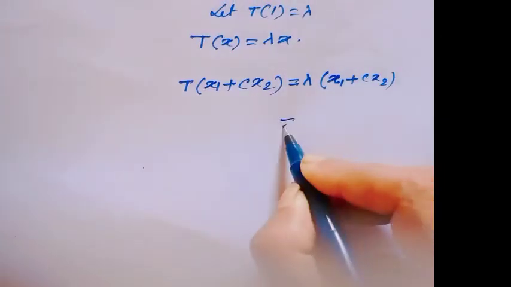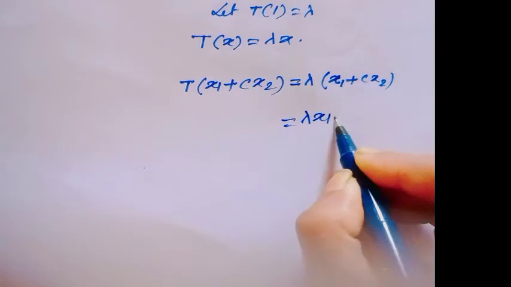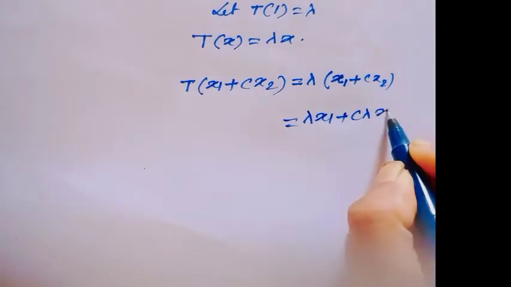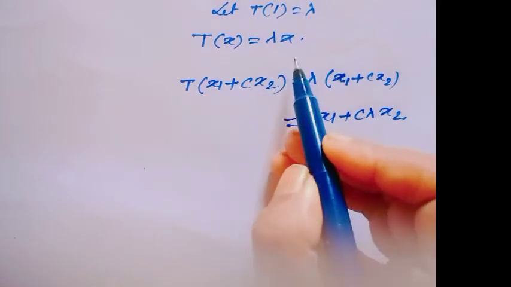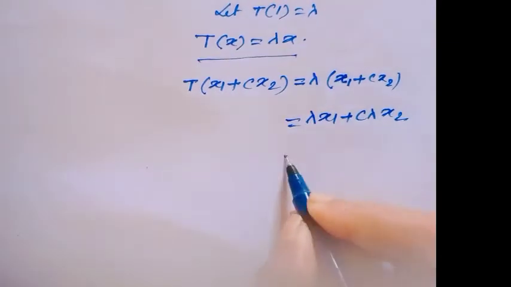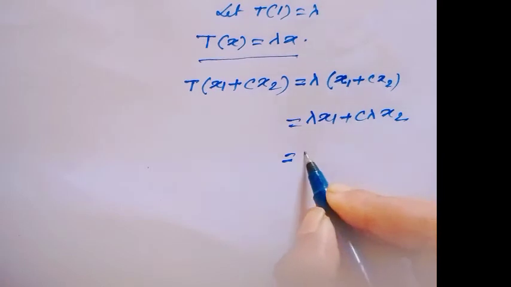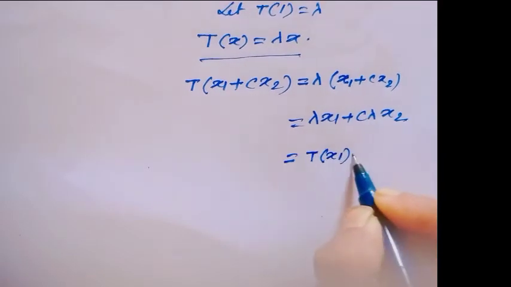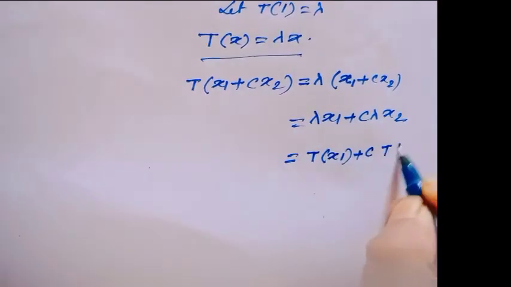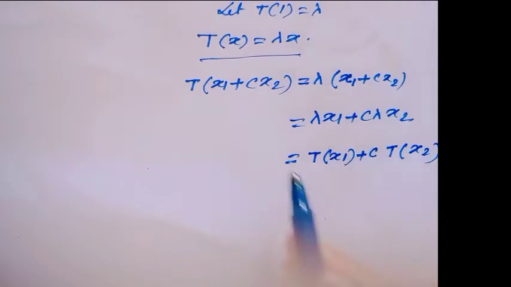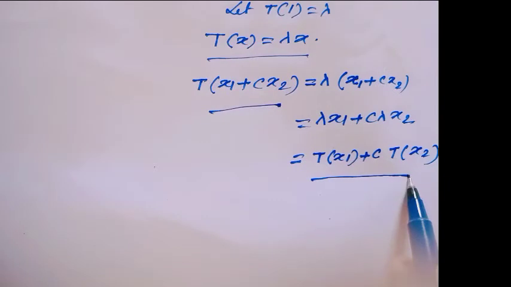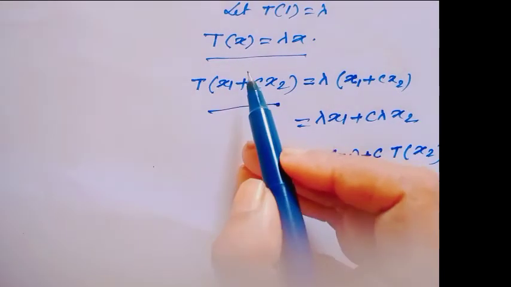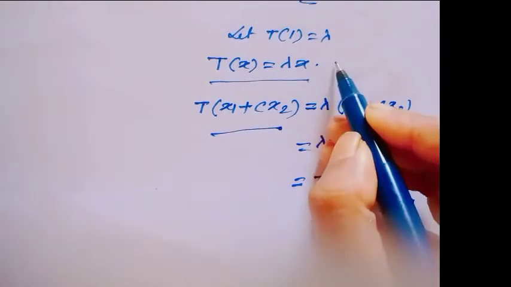This is equal to lambda x1 + c lambda x2, and lambda x1 by the defined function is T(x1), so this equals T(x1) + c times T(x2). Therefore, our proof is done: the given function is linear.